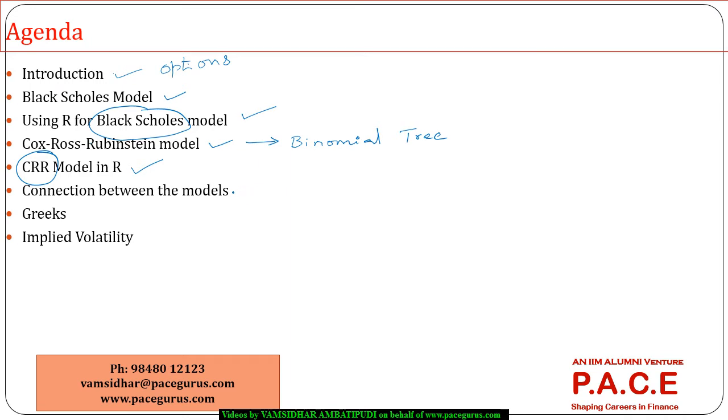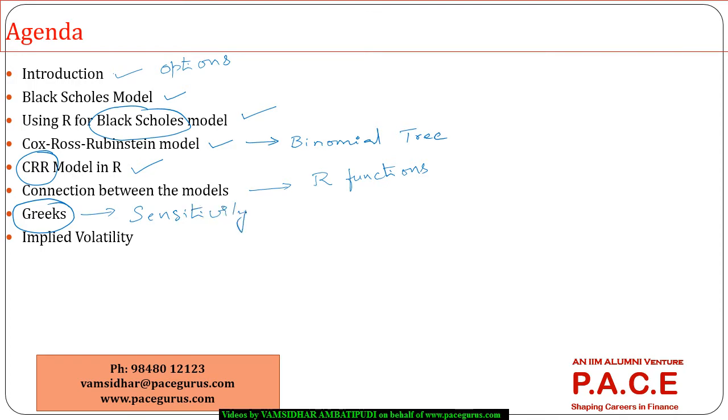Then we will also spend some time to try to understand the connection between the models, right? We'll try to demonstrate using the R functions how and when these two models come closer to each other, and as an extension we will talk about the Greek letters, which are the measures of sensitivities of the option.